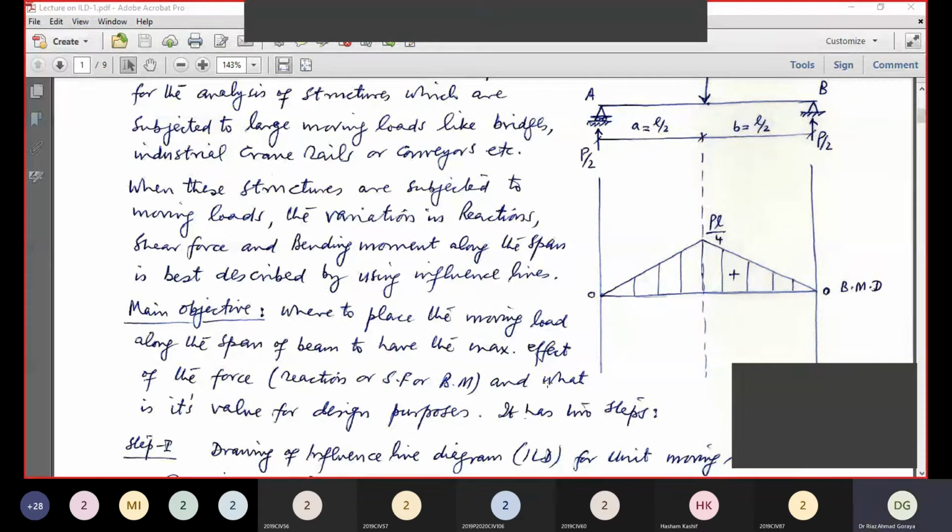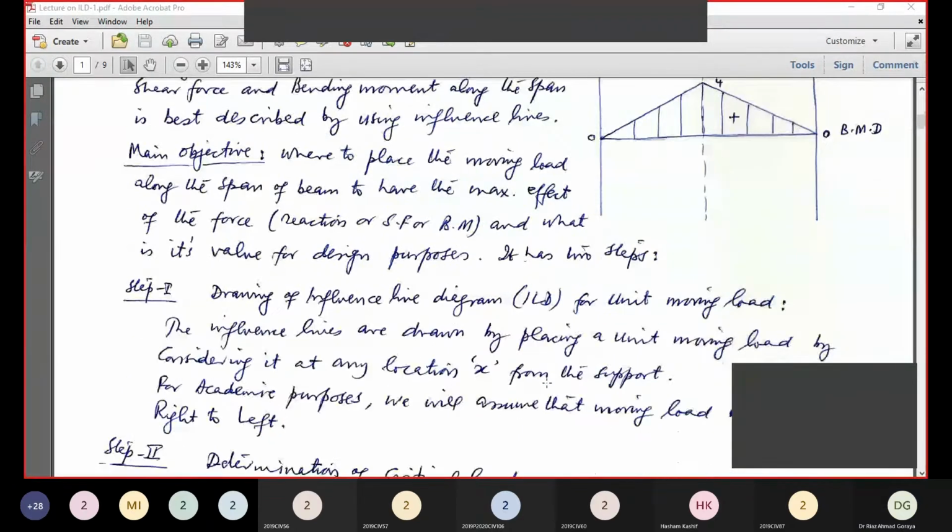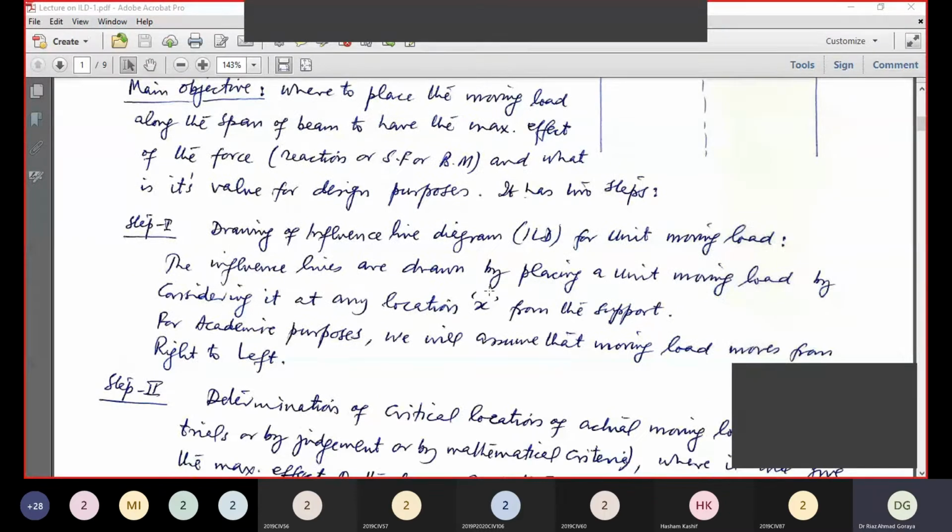Now it has two steps. First is drawing of the influence line diagram for a unit moving load. In all the cases, whether it is a case of reactions, shear force, or bending moment, for beams, for girders, for trusses, this step will remain the same.